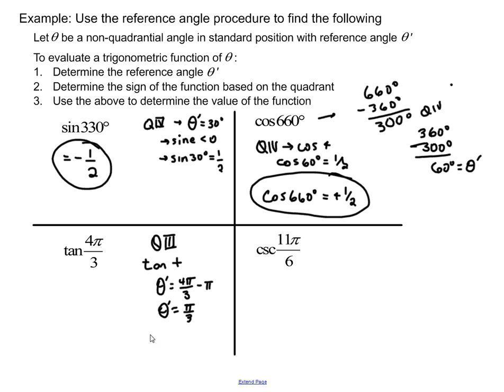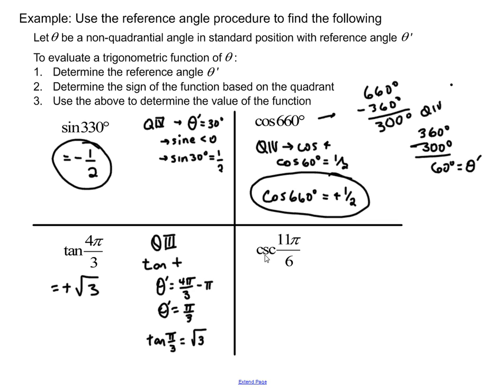And furthermore, we know that the tangent of the angle pi over 3 is equal to square root of 3. Therefore, because we are in quadrant 3, the tangent of 4 pi over 3 is a positive value, and it's equal to the square root of 3.